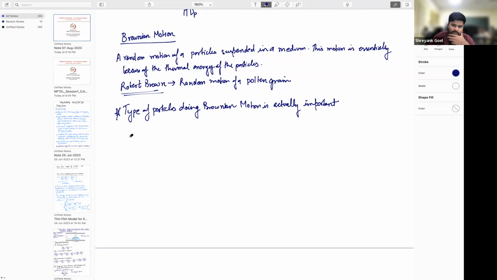Some of the conditions or constraints on the type of particles include, first, that they shouldn't attract or repel each other, nor stick haphazardly. So there shouldn't be any cluster formation.